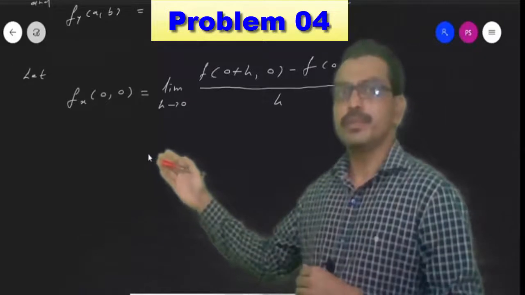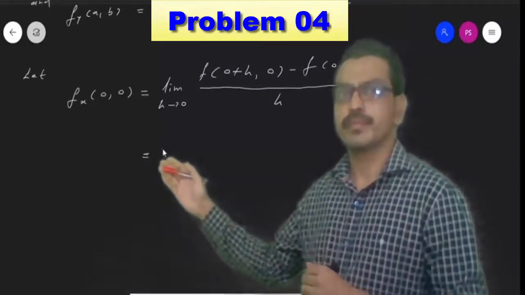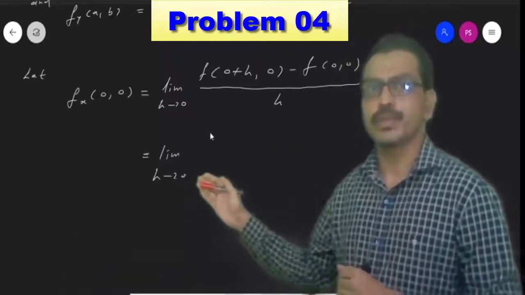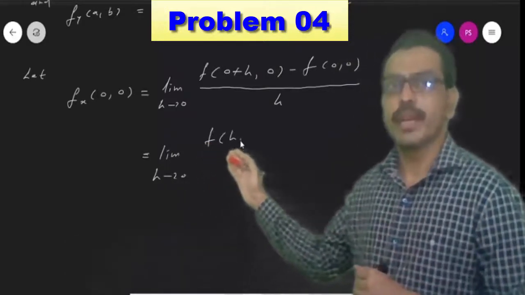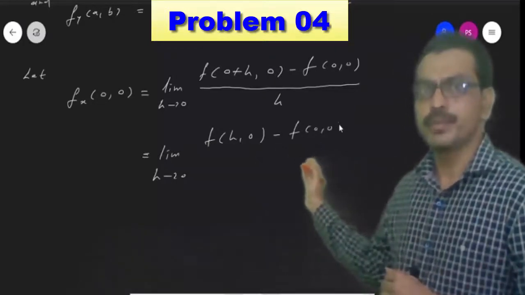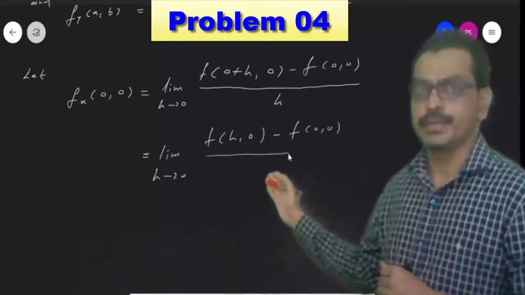This is equal to the limit as h tends to 0 of f(h,0) − f(0,0) divided by h. The limit as h tends to 0, f(h,0) is 0, that is 0 − 0 divided by h.